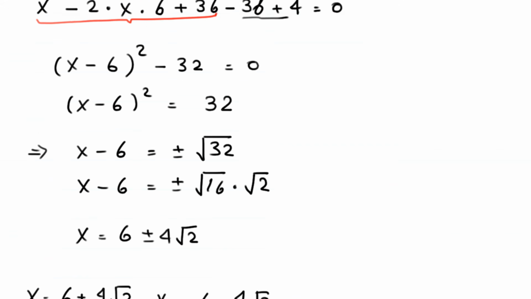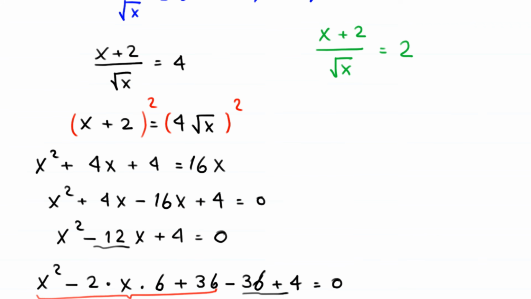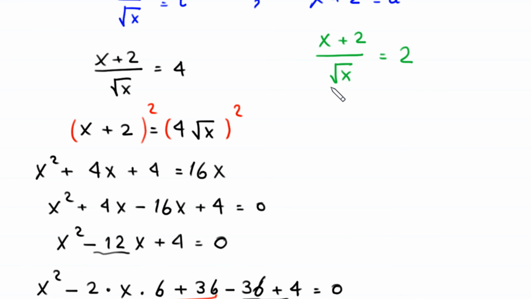Now we solve the second case. In the second case, we have this equation. If we multiply both sides by root x, this implies that x plus 2 equal to 2 times root x, and we take the square of both sides.